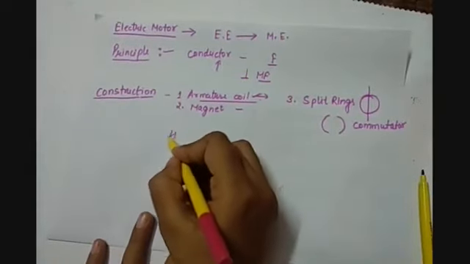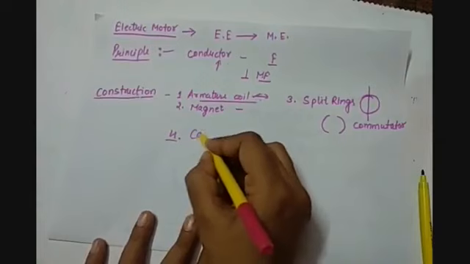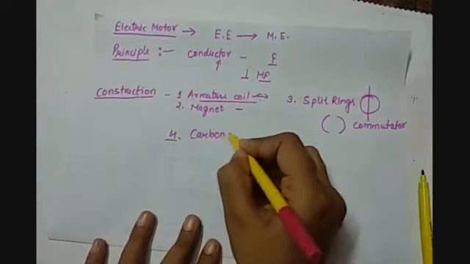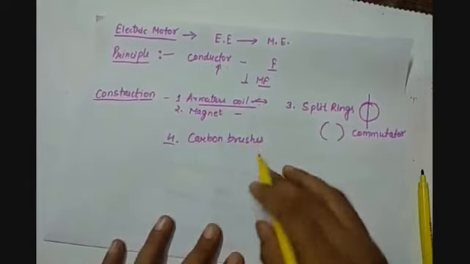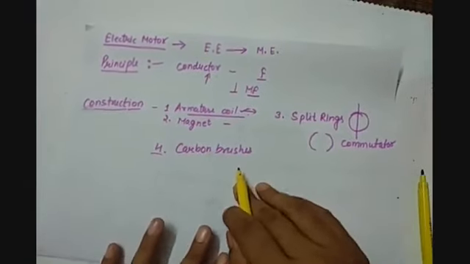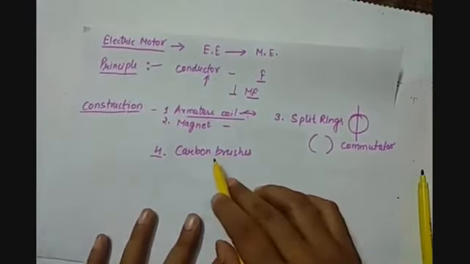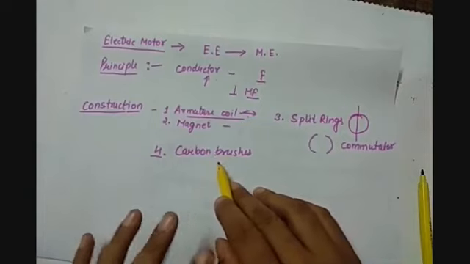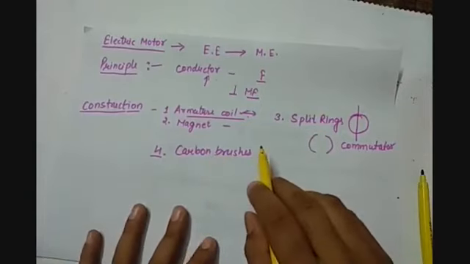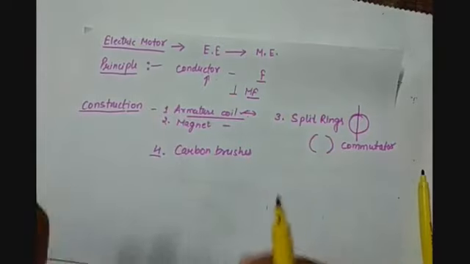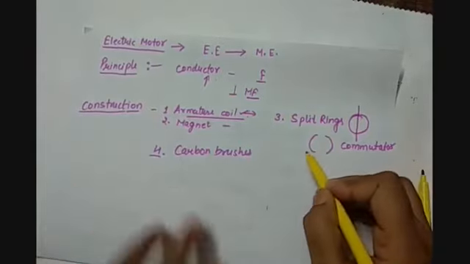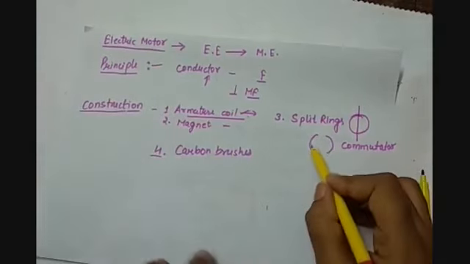The fourth is carbon brushes. Carbon brushes are made up of carbon. And why have we chosen carbon here? Because carbon is one of the soft materials, so that it can make the soft contact between the connecting wires and the split rings.